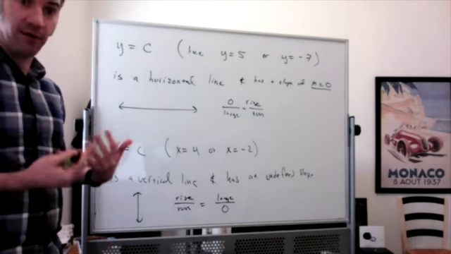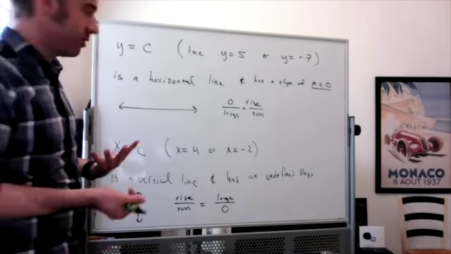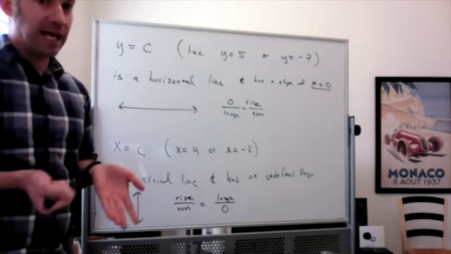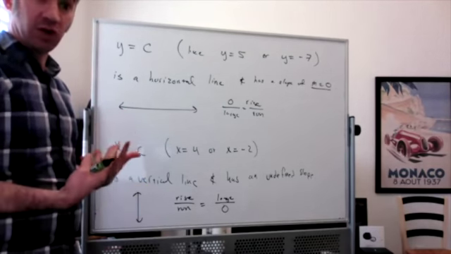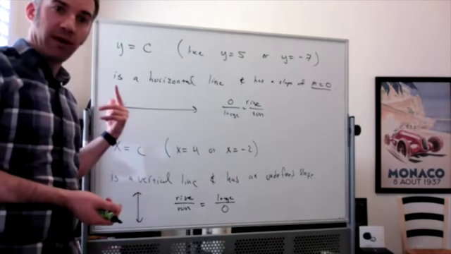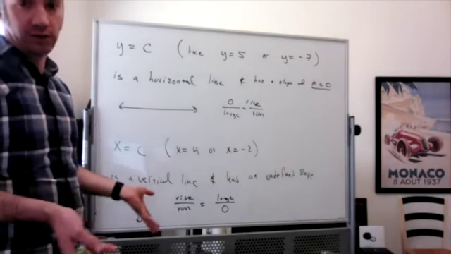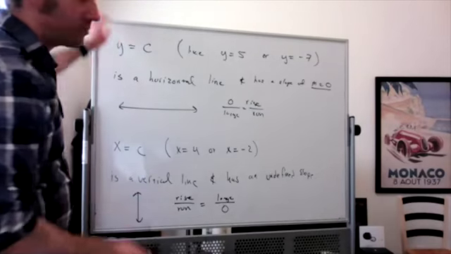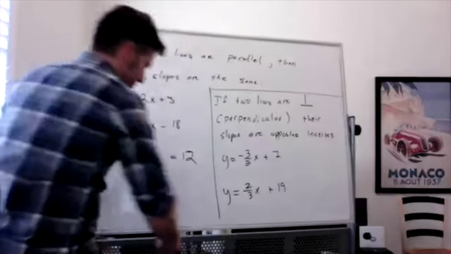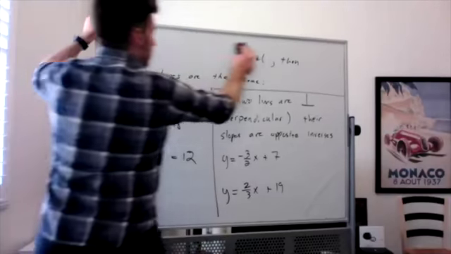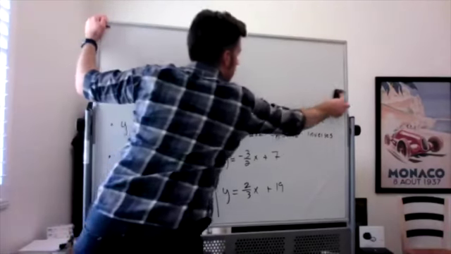Not that we've talked about functions yet, we certainly will in the future, but I'll just point out that any line is representative of a function except for a vertical line. Vertical lines are not functions. Okay. That was the last couple things we had to say about lines.